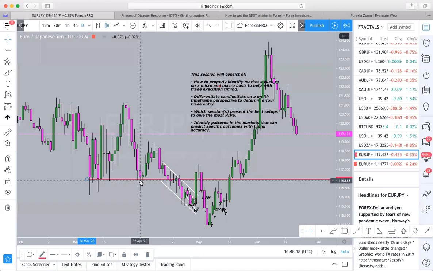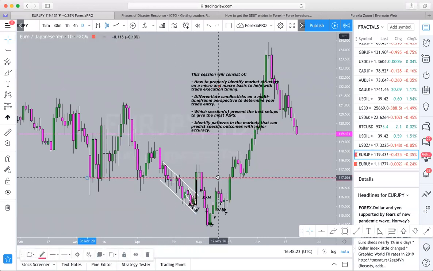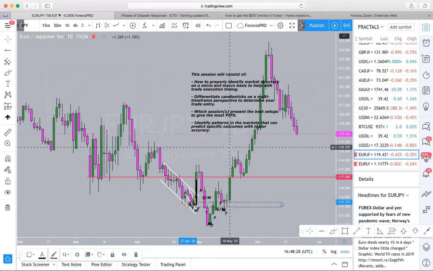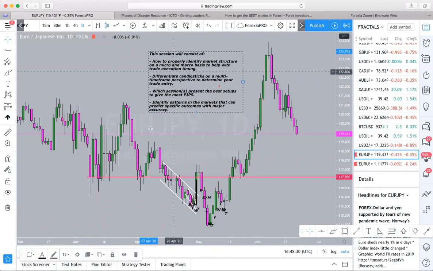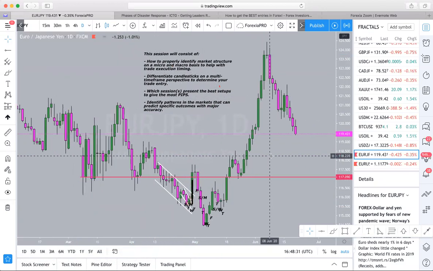And understanding that, using that, you'll understand exactly how the market operates. Because that's all it is. It's dumb money versus smart money.